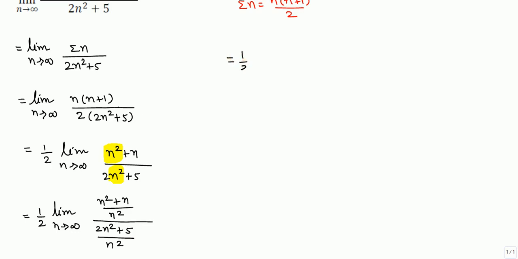We will get 1 by 2 limit n tends to infinity. Now see numerator n square plus n upon n square. Now splitting terms, n square by n square plus n by n square. What is left? n square cancels, so only 1 left, and here n cancels, 1 upon n left.